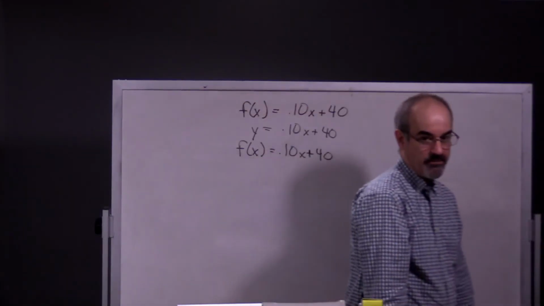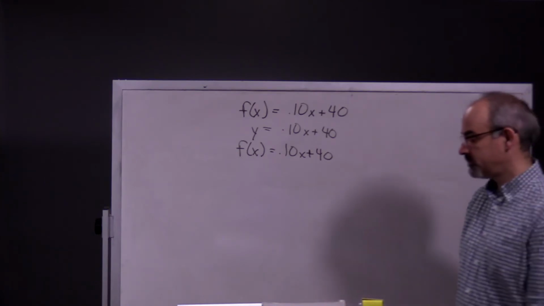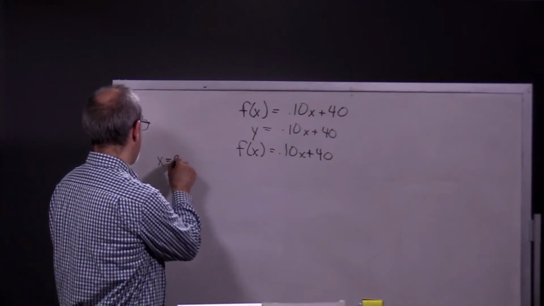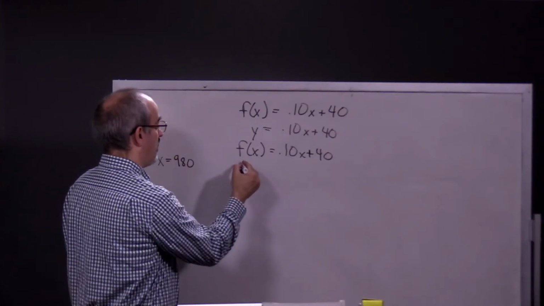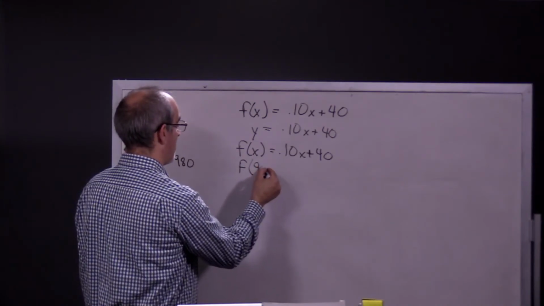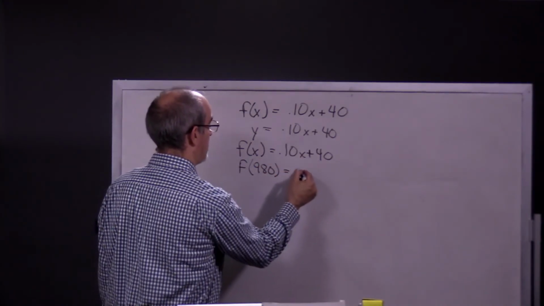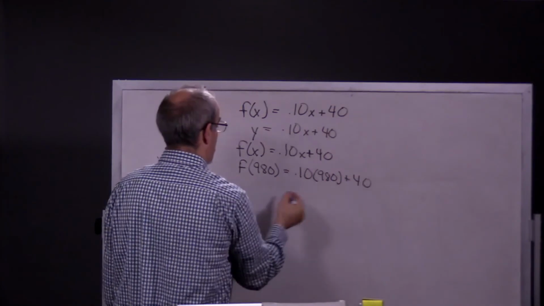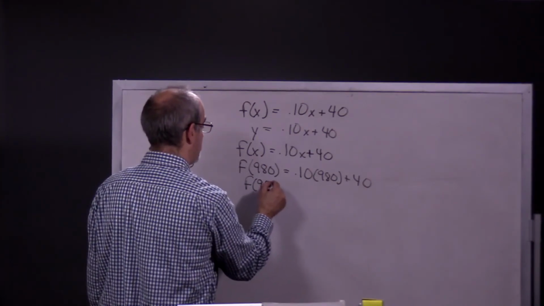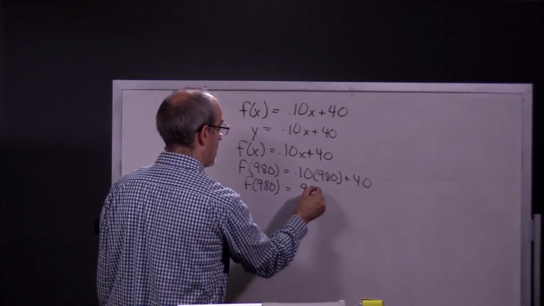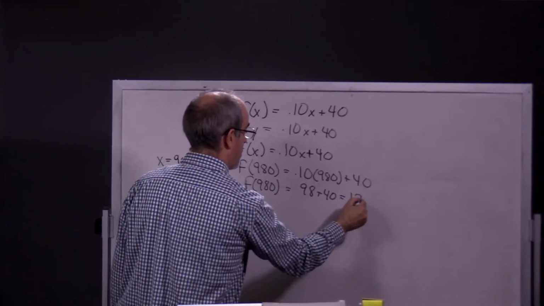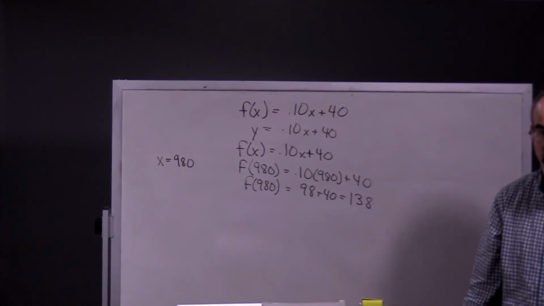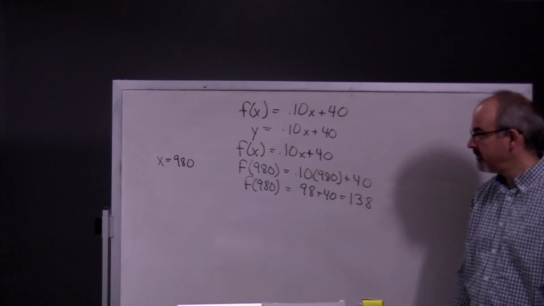To evaluate a function just means you plug in the x value you are given. In our last example, x was 980. So wherever I see x, I put 980. So f of 980 is 138. That's how you evaluate a function. You just plug in what you're given and then do the math.